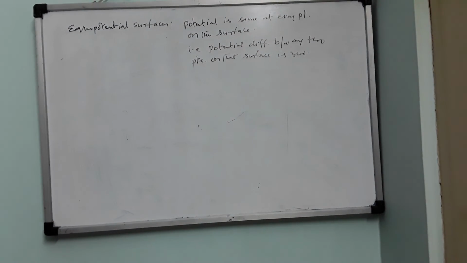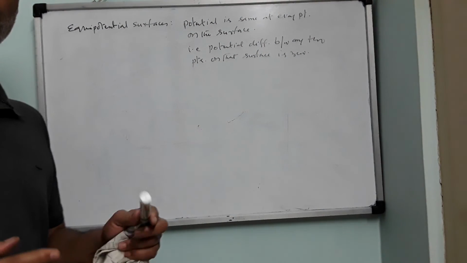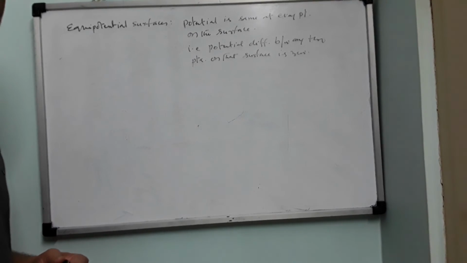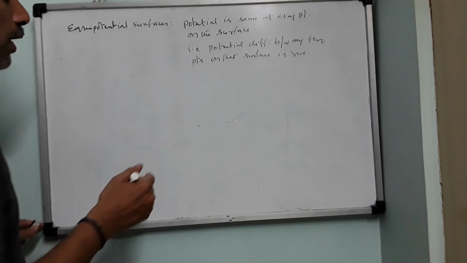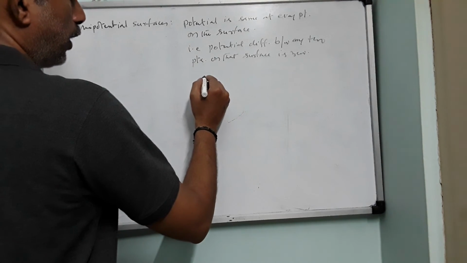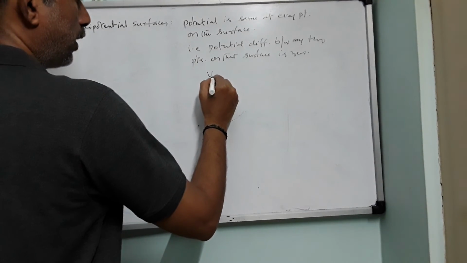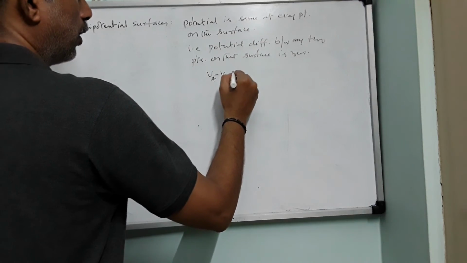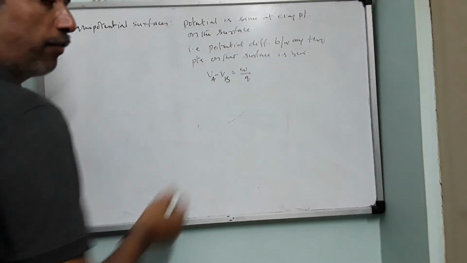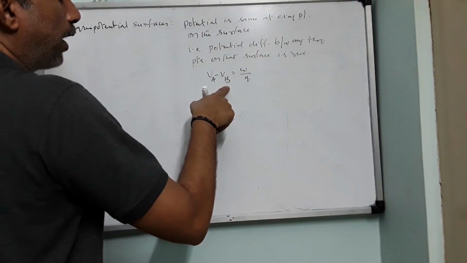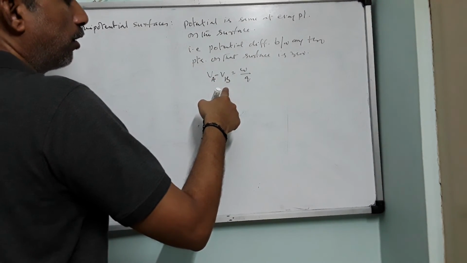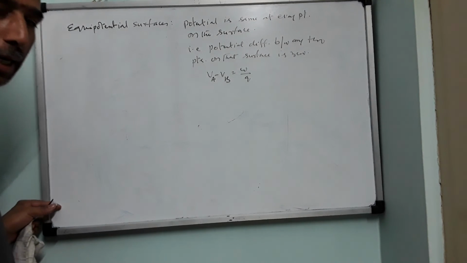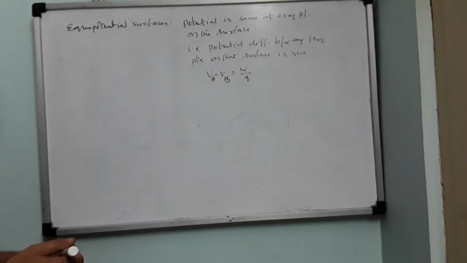In such a case, if the potential difference is 0 and you want to move a unit charge from one point to another point, you don't need to do any work. Why? Because yesterday we defined the potential difference as VA minus VB equals W by Q. If point A and point B have the same potential, VA minus VB will be 0, so the work done automatically becomes 0.